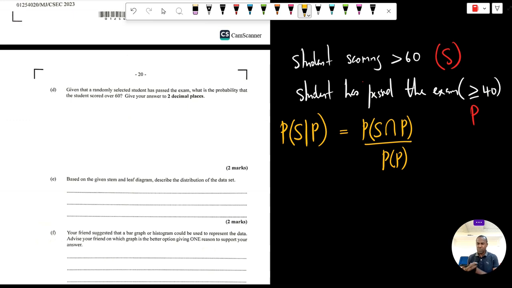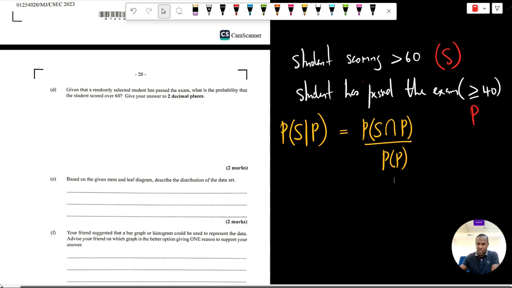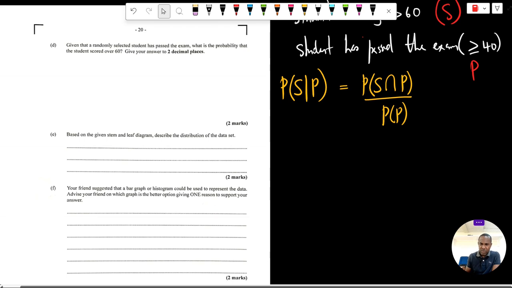And this condition, of course, is that a student has passed the course. And so essentially for this part, our sample space becomes the number of students who actually have passed the course. And so we can express this probability as the number of students who score over 60 and pass the course, divided by the number of students who pass the course.